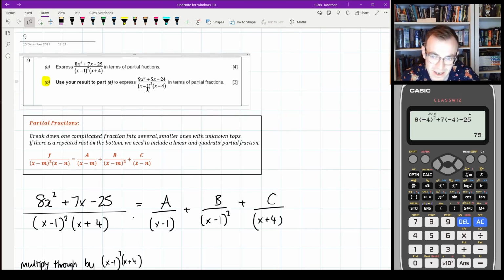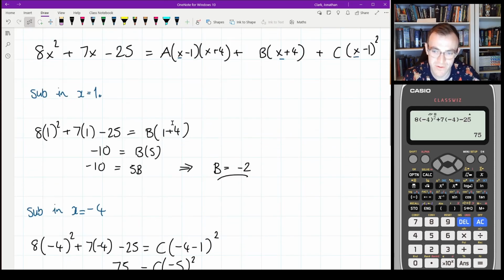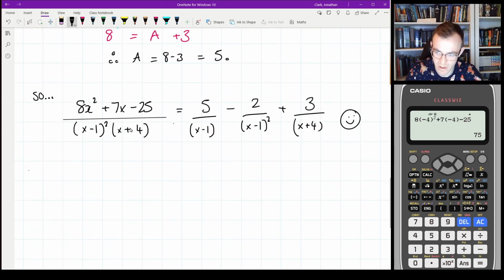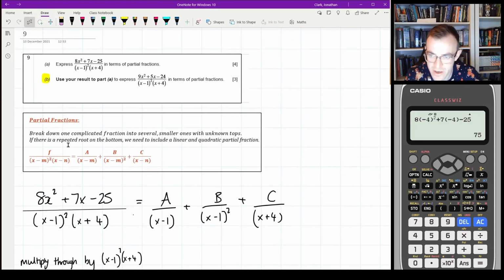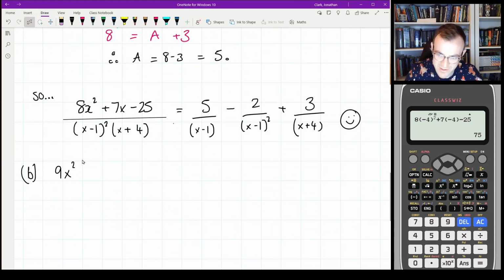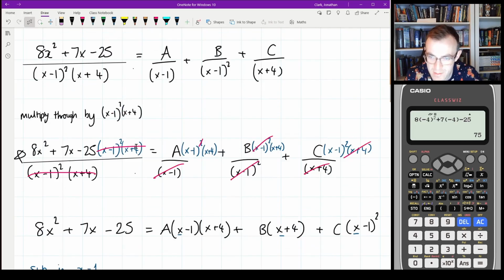Right, so it's 9x squared plus 5x minus 24. Let's just jot that down for part B. 9x squared, forgotten it already, plus 5x minus 24. And I believe the denominators were exactly the same. Yes, they were.